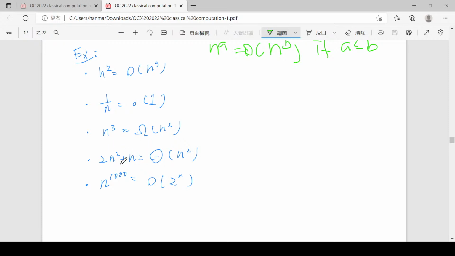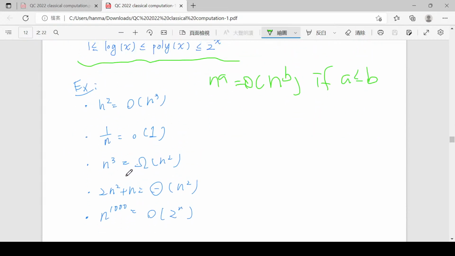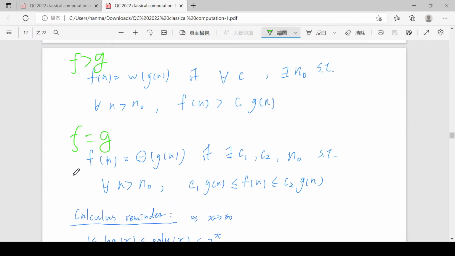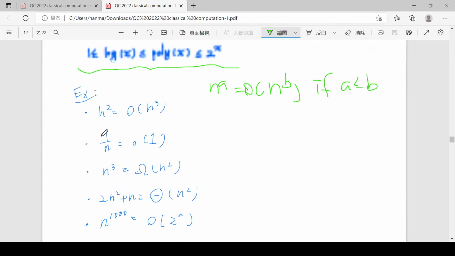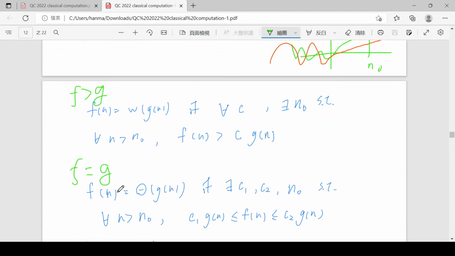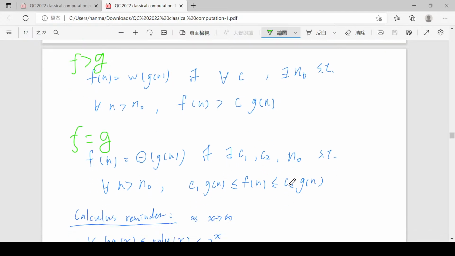For example, we have a function that's 2n squared plus n. Then we want to say what's the big theta of this thing, and it will just be n squared, because as n goes to infinity, n squared is much bigger than n. So n squared will just dominate, and the n doesn't affect the scaling. And also this 2 doesn't matter because in this notation we have the C1 and C2 that account for the constant.